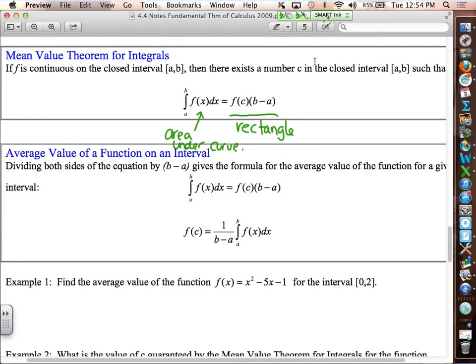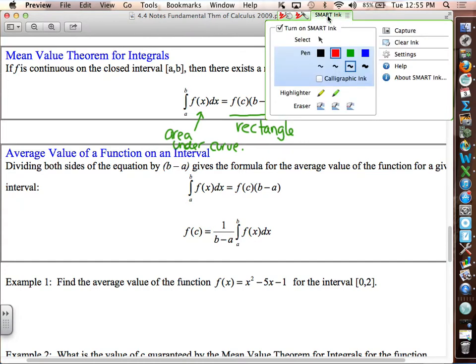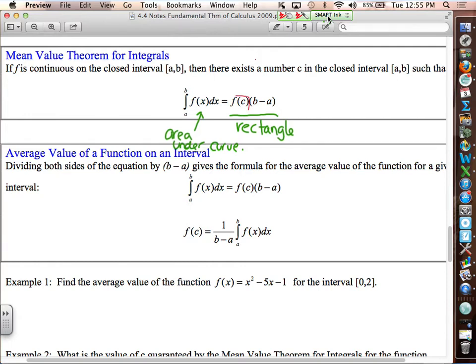So the average value, if I solve this equation for f of c, if I get this by itself, the b minus a is going to divide on both sides, and it's just going to end up as 1 over b minus a. You could write it this way too, but it's usually written as a fraction out in front, divided by b minus a. It's the same thing, but this is the notation that you will see most often.